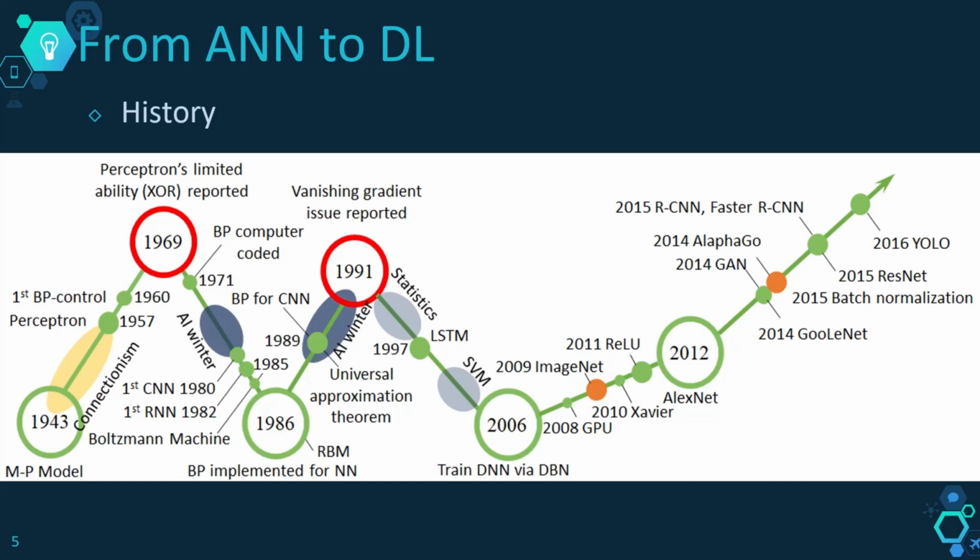Then after that, there's a time when support vector machine was predominant. Then next significant time point is the year of 2006. In this year, one significant paper was published in Nature, and in this paper, the researchers proved that training deep neural networks is possible. And the tool that they use is called deep belief network.